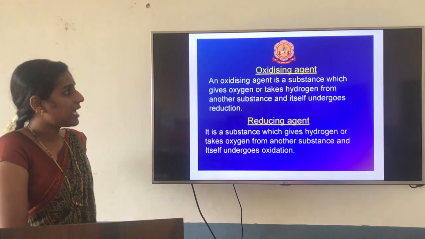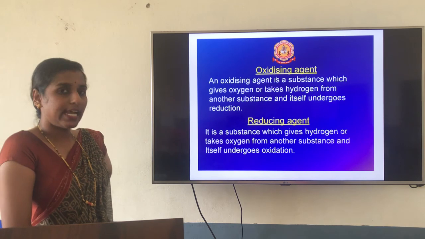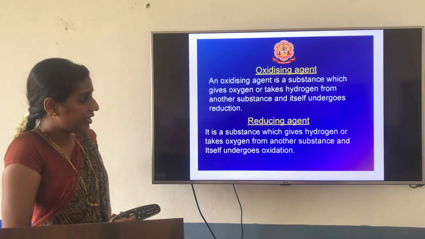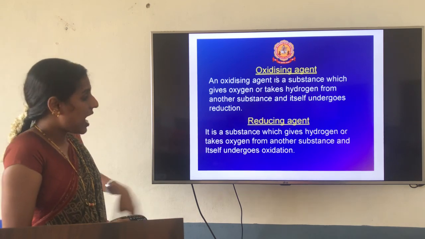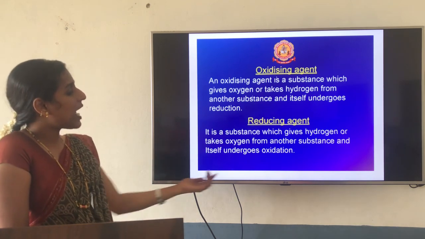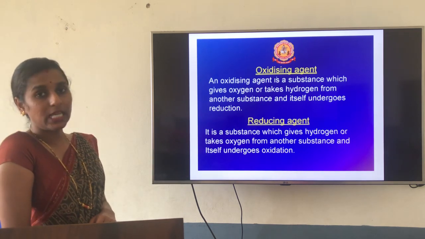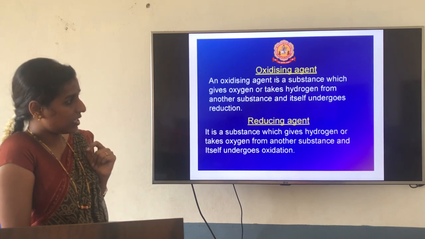So oxidizing agent is a substance which gives oxygen or takes hydrogen, and mainly it undergoes reduction. In the same way, reducing agent is a substance which gives hydrogen as well as takes oxygen, and it undergoes oxidation. Then we are going to call it a reducing agent. So this is regarding oxidizing as well as reducing agent.